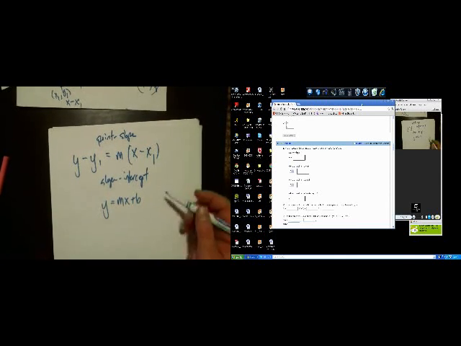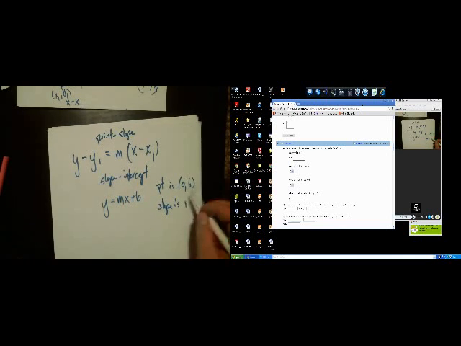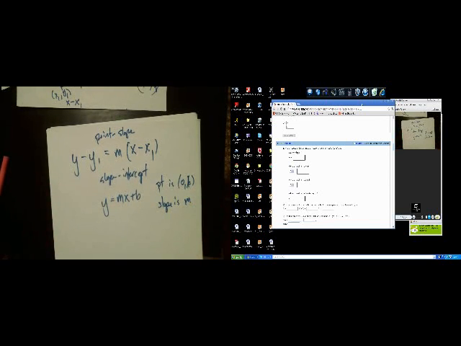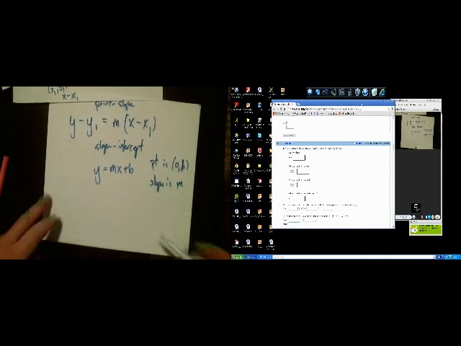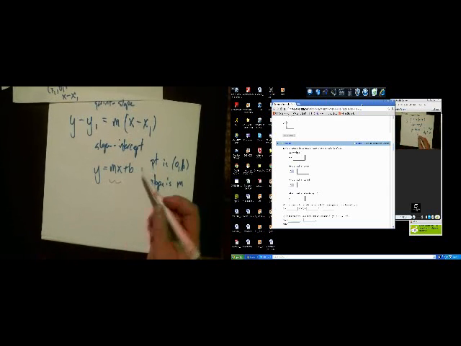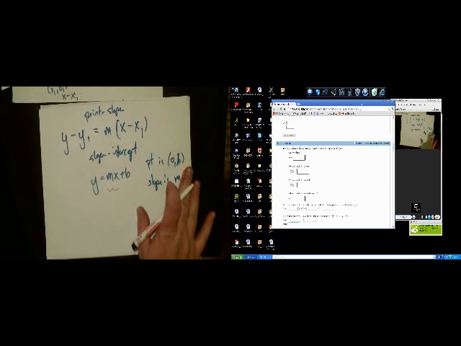Wherever the line passes through the y-axis would be b, because that's what y-intercept means, and also if you plug in 0 for x, you get y equals b.